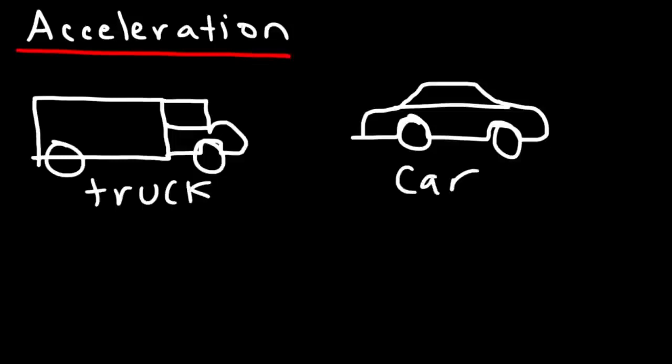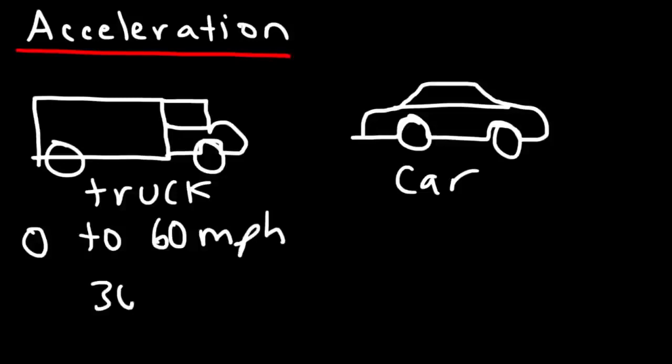So what is acceleration? Acceleration tells you how fast the speed is changing, or more technically, how fast the velocity is changing. So the truck can probably go from 0 to 60 miles in maybe, let's say, 30 seconds.